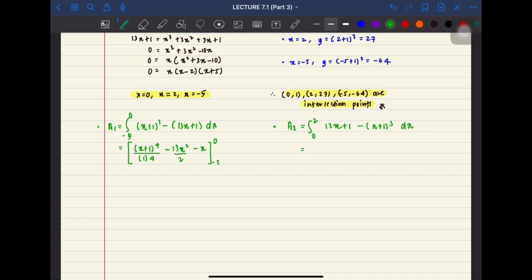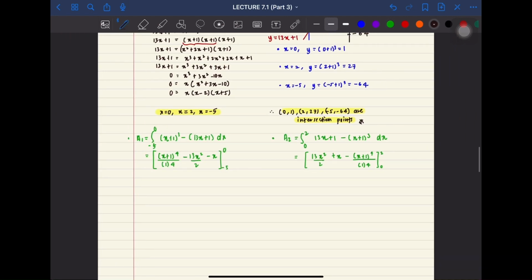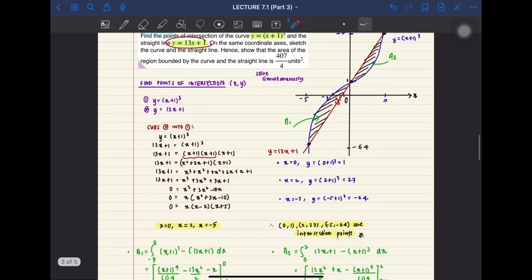Okay, and then untuk A2, 13x square over 2 tambah x tolak silent balik. Power dia bertambah 1 over 4 and also differentiate dalam from 0 until 2. Okay, so you find the area untuk A1, you find the area for the A2, and then belum siap lagi sebab total area ataupun area untuk the bounded region is both, dua-dua.